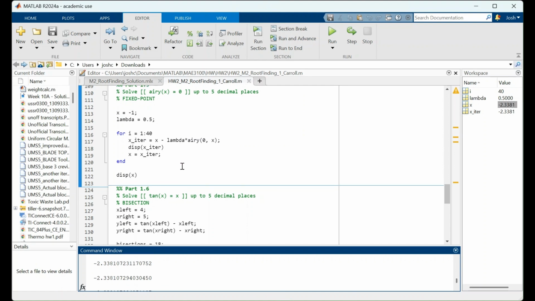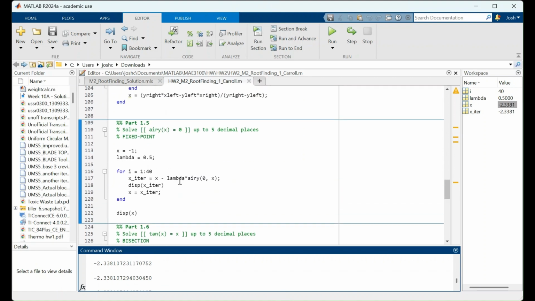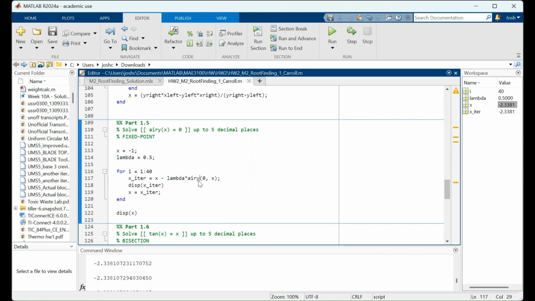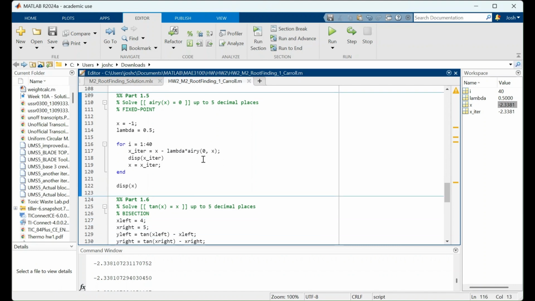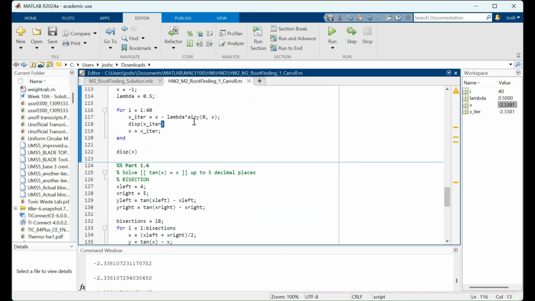But yeah, using the new lambda function makes fixed point, it accelerates fixed point a ton. And I'm not sure if other methods would work with this. I just went straight to fixed point, but I need to look more into this area function.